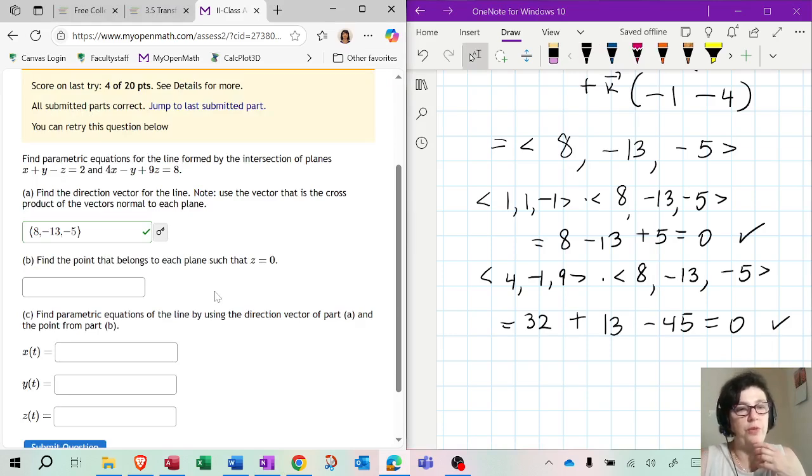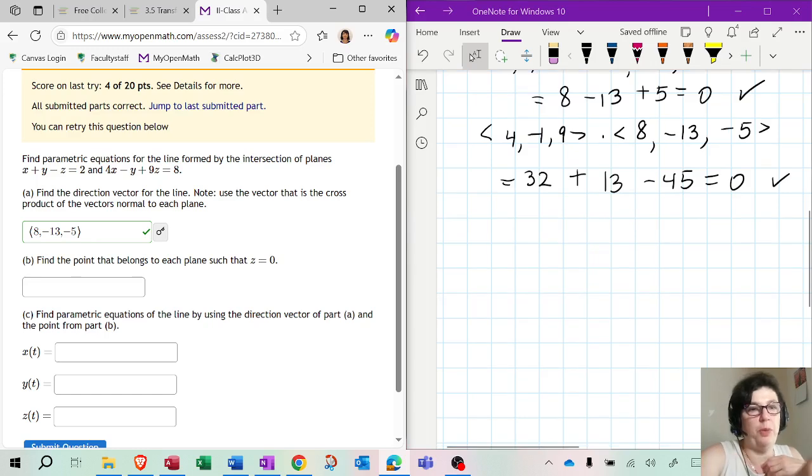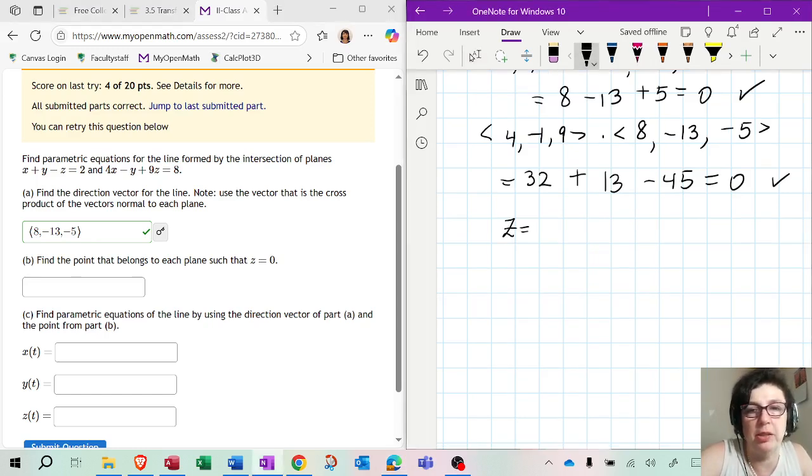Now we want to find a point that belongs to both planes. There are many such points, but we can find the one where the line intersects z equals 0. It is possible that it never intersects, but in this case it does. Because that point belongs to both planes and z equals 0, we just plug in z equals 0.